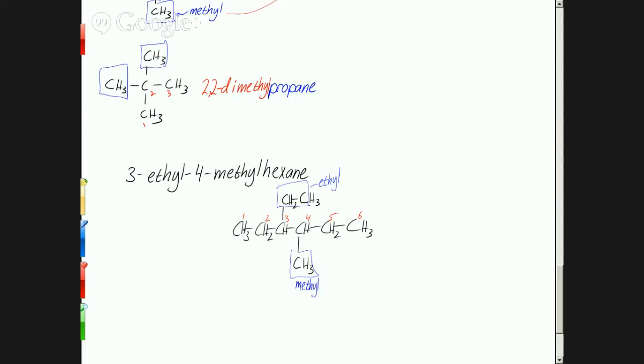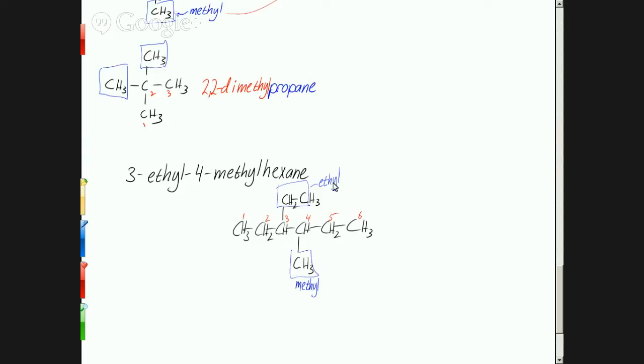And if you're not comfortable just abbreviating them like that yet, you will after you get some practice at it. You can just draw all the hydrogens out like that. So that would be the full correct structure for 3-ethyl 4-methyl hexane.